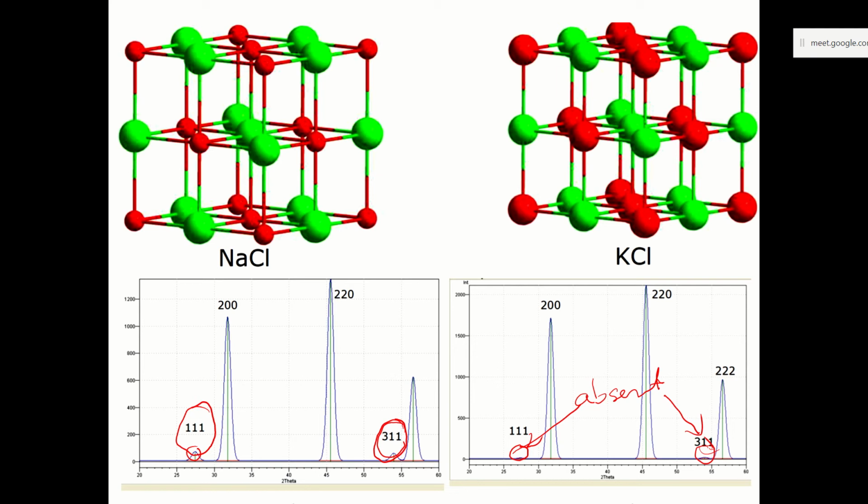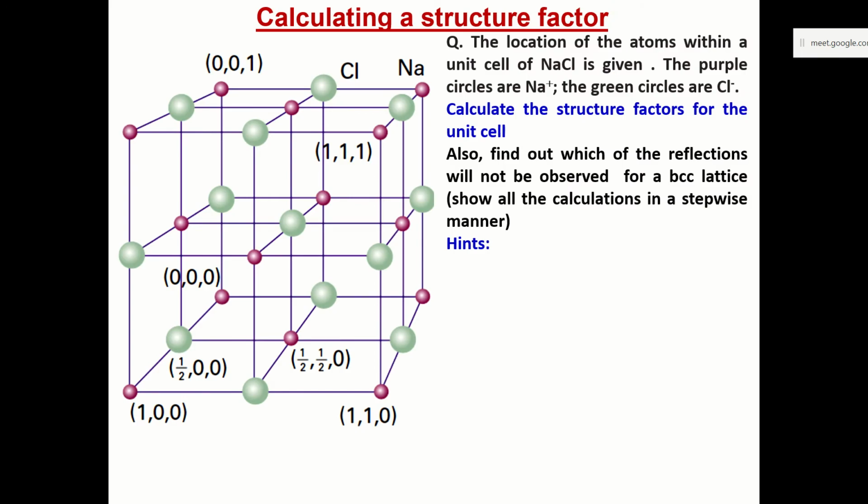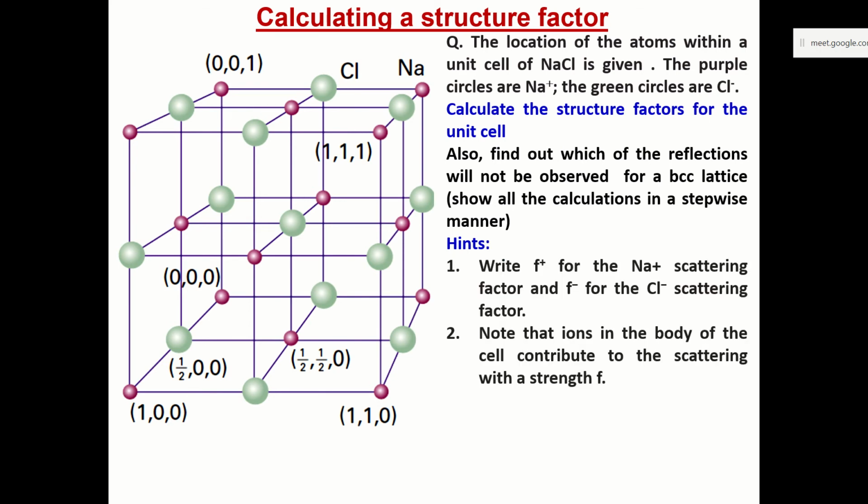So write an equation where 27 terms will appear, and then you try to solve that. This one needs to be solved for that. This question that I had given you, take the hints and try solving this equation.